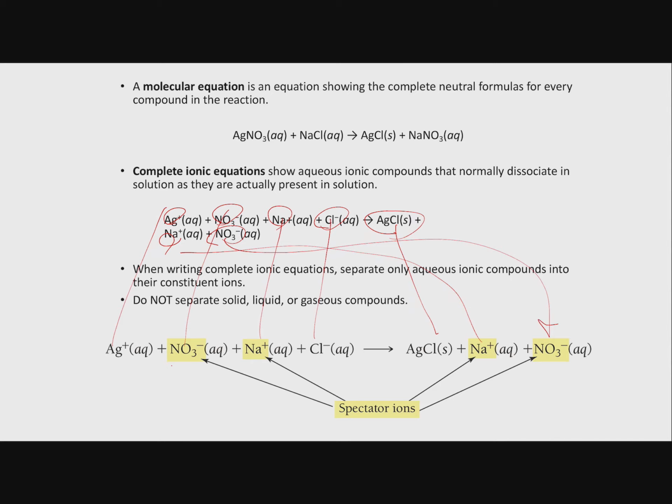We can essentially cut these out when we write the net ionic equation. Because NO3 minus is NO3 minus on both sides, we don't need to talk about it when we show the main point of this reaction, which is that silver will react with chlorine and make silver chloride, right? The sodium and the nitrates are just floating around in both cases. We don't have to talk about them.